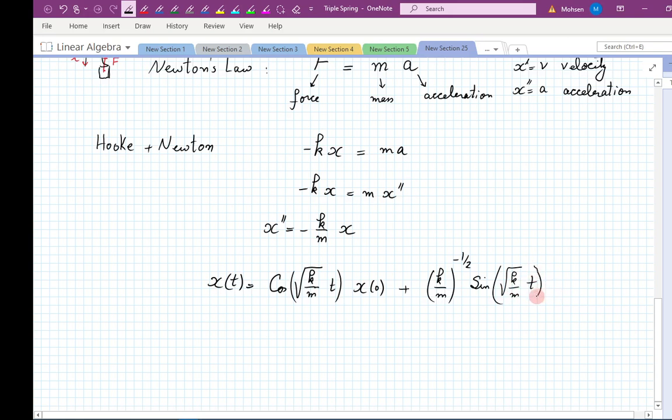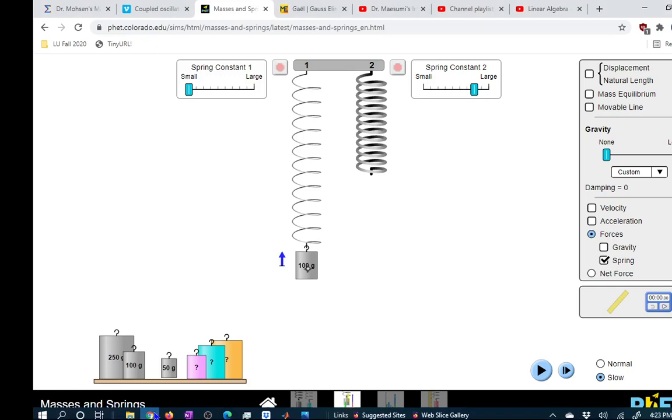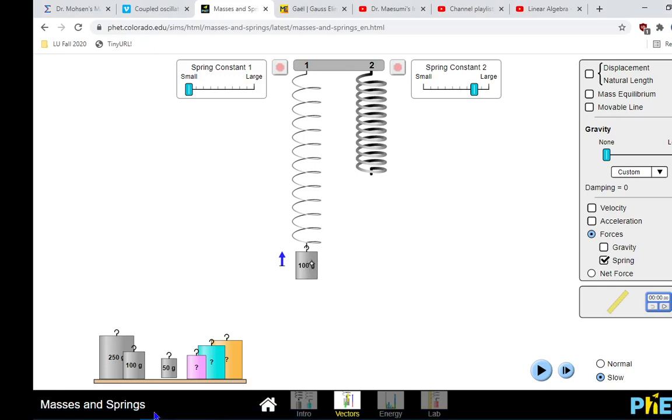And then, well, if you set something in motion, like here, you can give it a kick, and that kick is going to set the initial velocity. You can let it go. Letting it go means you're not kicking it. The initial velocity is 0. But if you take a hammer and strike this thing so that you give it an initial momentum, then you have that control as well.